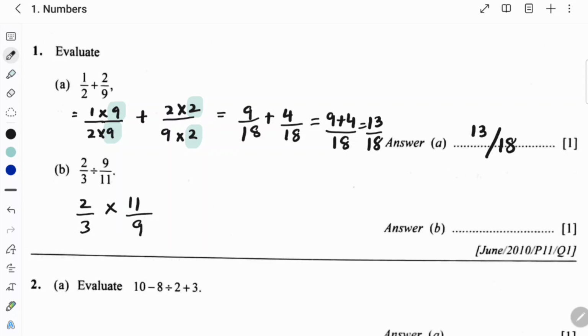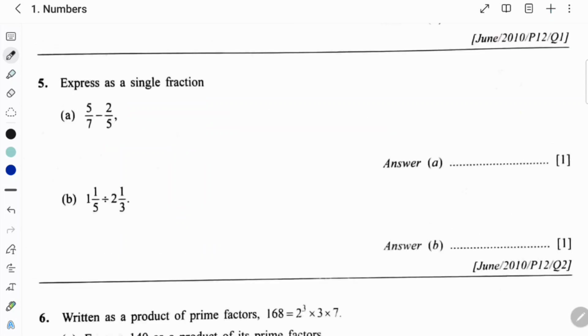Nothing is cancelling in the numerator and denominator, so numerator will multiply with numerator and denominator with denominator. So 2 times 11 and 3 times 9 is equal to 22 over 27. That is the answer for this question, 22 over 27. We'll do the same type of questions together, then we'll go to the decimal numbers.